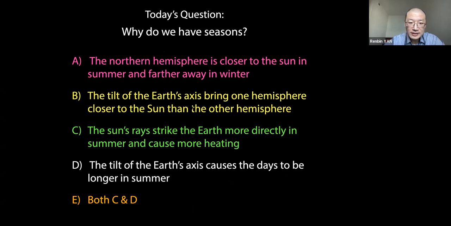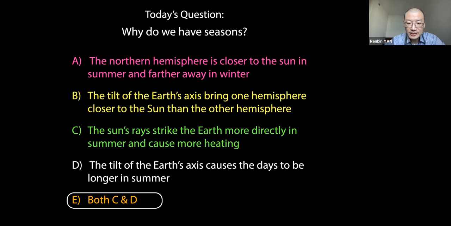Both of these are wrong because Earth is so tiny compared to the distance to the sun. The two ends of the Earth are essentially at the same distance to the sun. That distance is not causing any change in our temperatures. What causes the change is the direction of sunshine and the duration of sunshine.